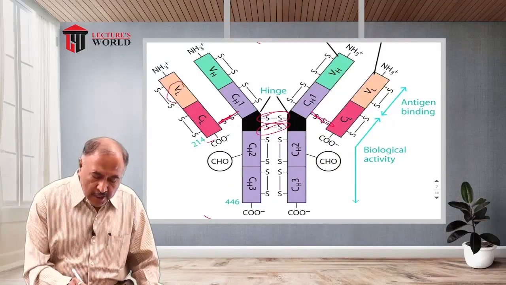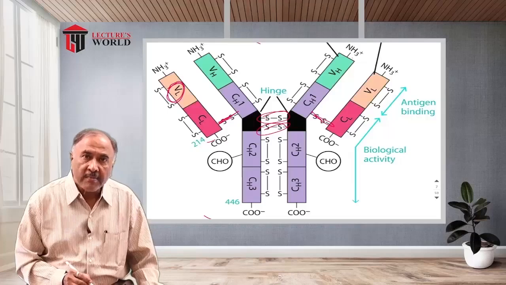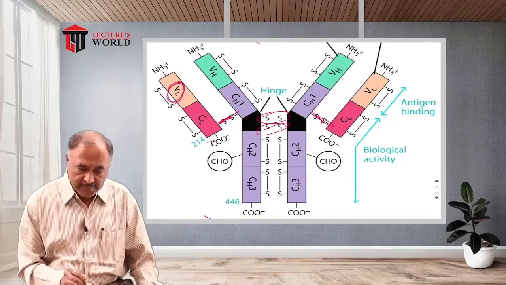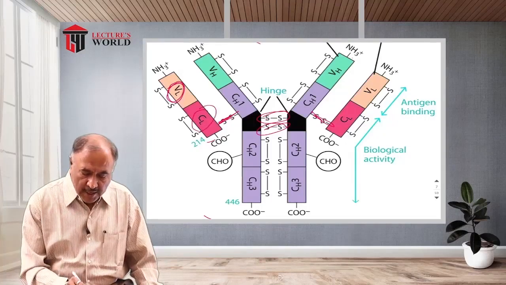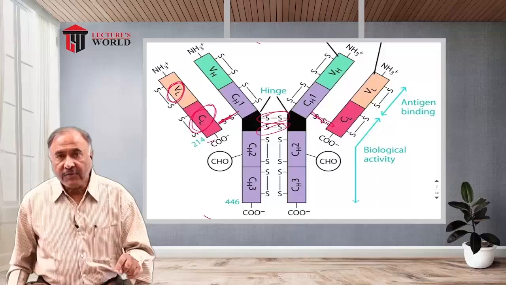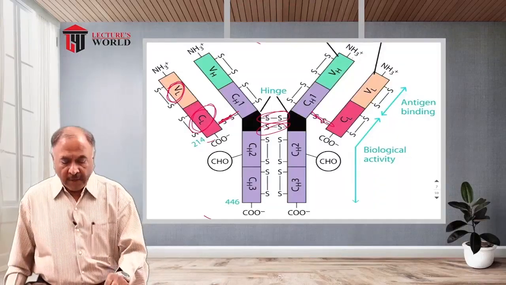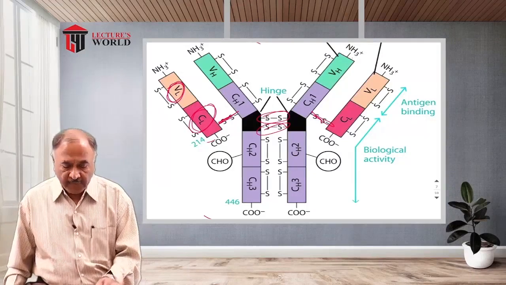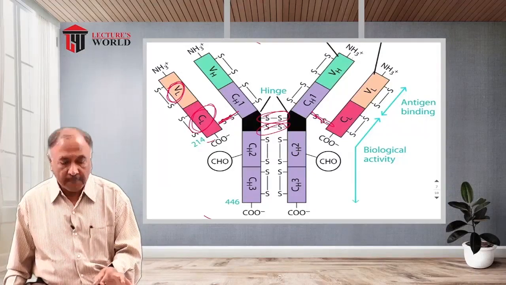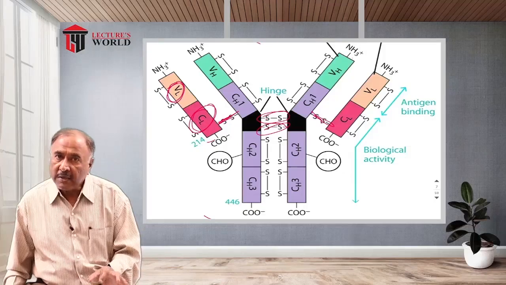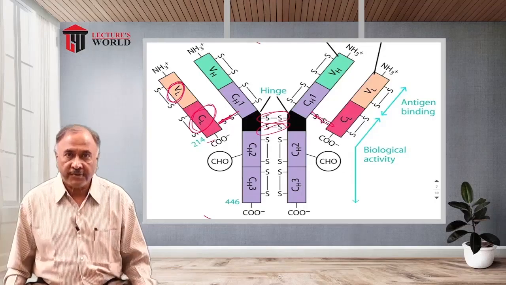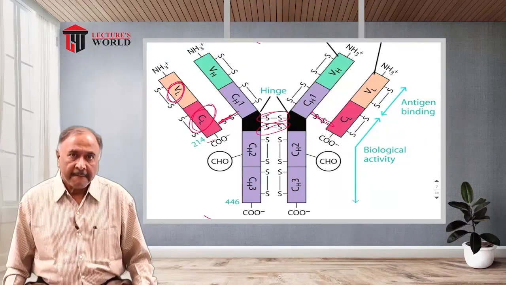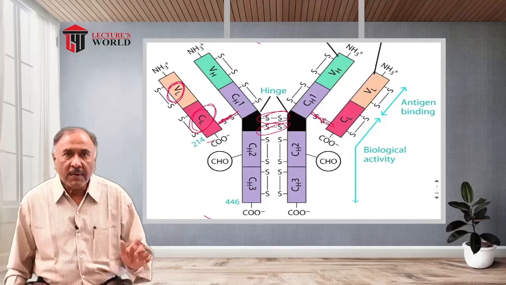This is known as variable region, VL, variable light, and this is known as constant region. As you can see in this diagram, the one which has a yellow color is a variable region, and the one which has a red color is a constant region. Now, as the name indicates, what do you mean by variable?